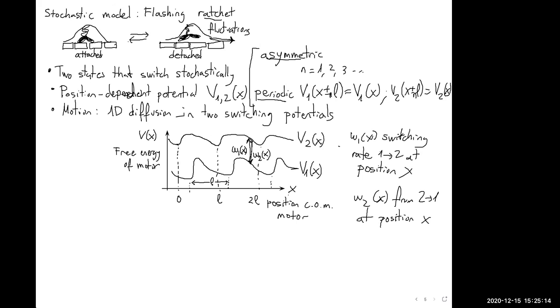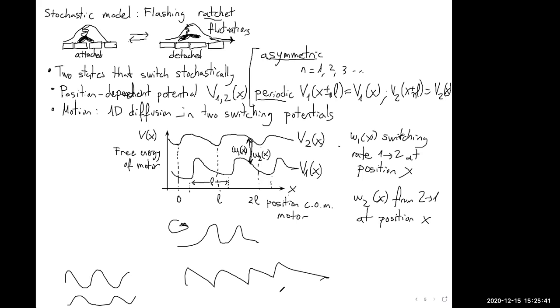The potential is asymmetric. It means if you flip it left to right, it will be something like this. First slow and then fast. This is an asymmetric potential. This is after flipping. The sine is symmetric: if I flip it, it is the same. This is asymmetric. It is not like a sine.